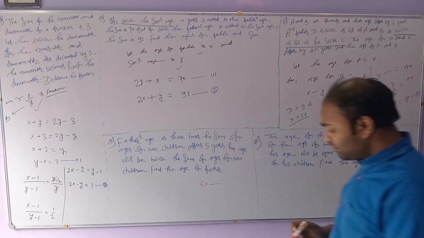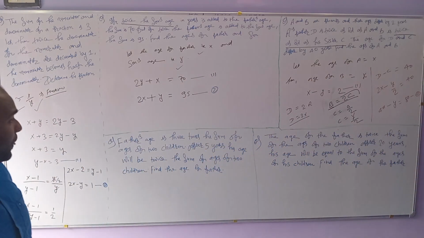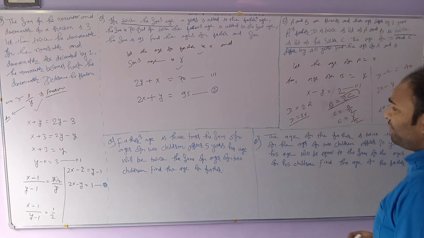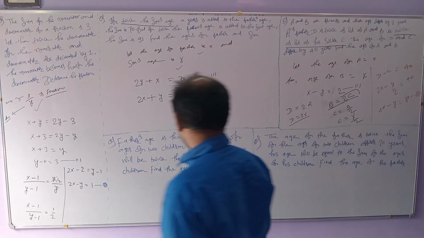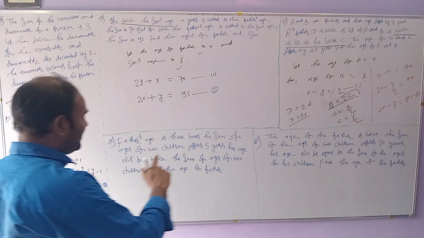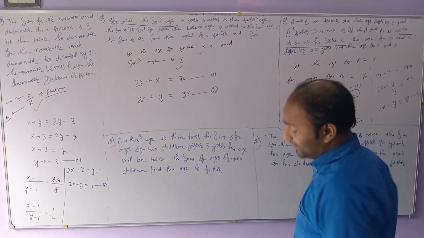In another question, father's age is 3 times the sum of ages of two children. After 5 years, his age will be twice the sum of the ages of two children. Find the age of father.